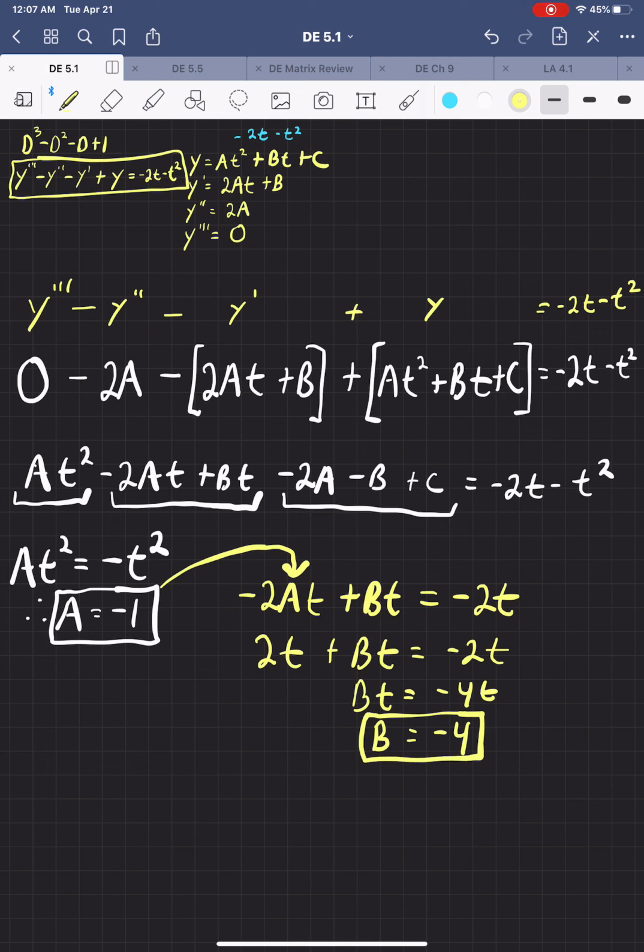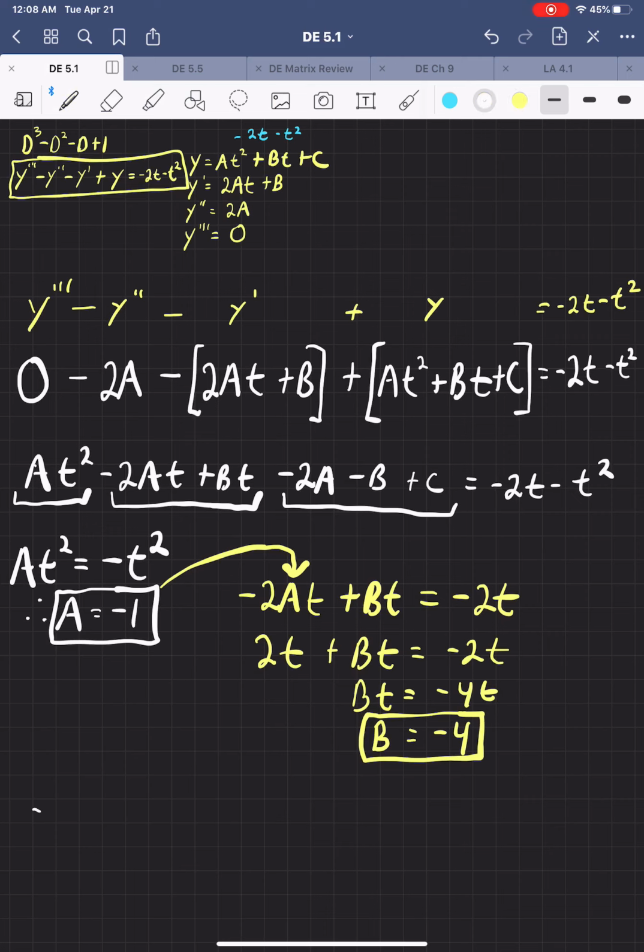And now lastly, looking at the solution region here, notice I have t squareds, I have t's, but I don't have any constants. So I know that this portion here is going to have to zero out. So let's go ahead and do that now.